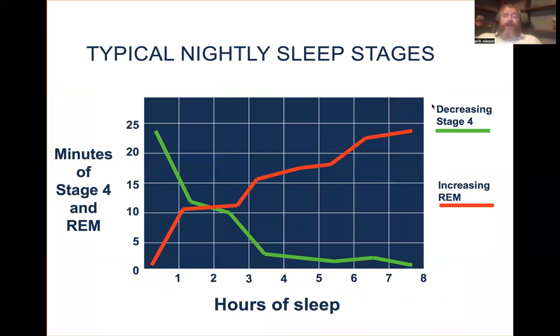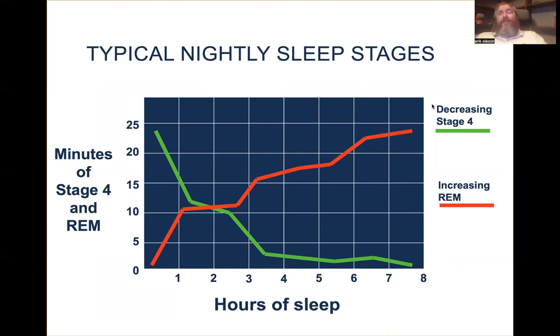I've already mentioned that whether or not you enter deep sleep, like stage 4, or REM sleep changes across the duration of a sleep session. Early on in a sleep session, you see more stage 4 sleep. Getting to this idea of restoration and deprivation, when you first start sleeping, you're more likely to enter that deep stage 4 sleep.